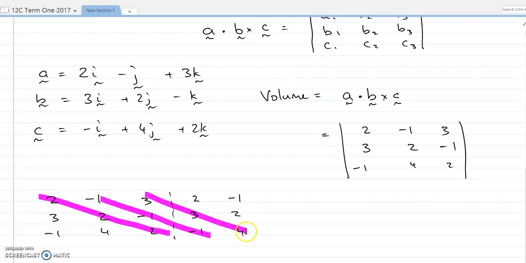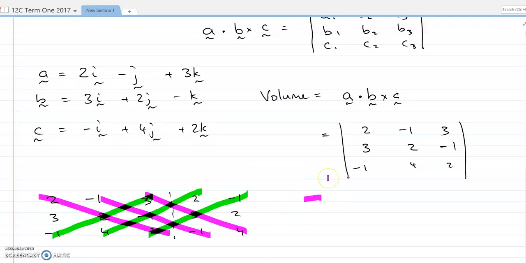Times these and times these. So the purple ones I times together, and the green ones I times together. The purple ones are plus and the green ones are minus.